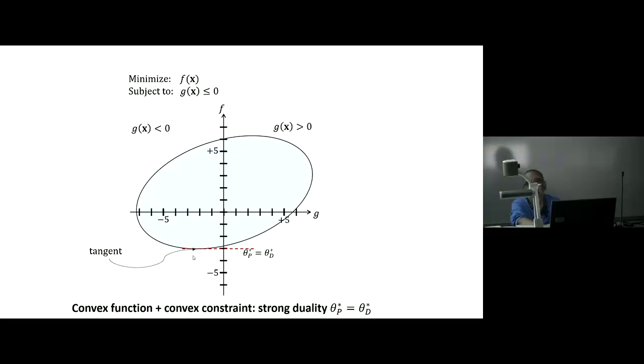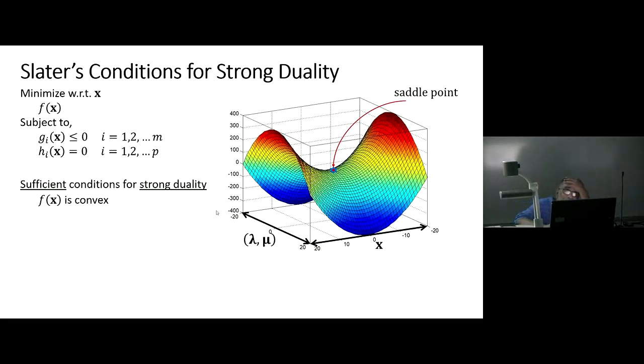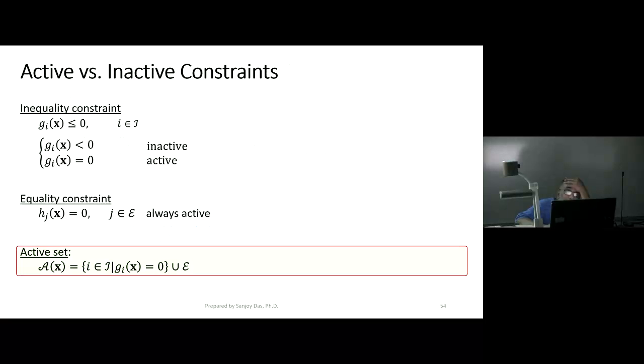And lambda is 0. g here is 0, but lambda is now non-zero. So they're opposites, okay? So this is the active set. All the active inequality constraints and the equality constraints, all those indices, this is the active set.